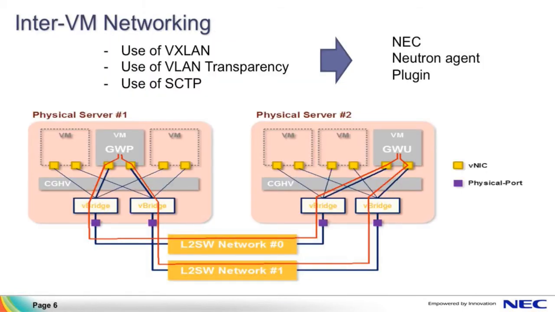The third part is the inter-VM networking, which goes beyond what is available from OVS. So we have supported our Neutron agent plugin that supports VXLAN along with VLANs, because you need overlay support in a typical data center environment. But more importantly, it also allows you to use multiple NICs so that you can create reliable inter-VM networking.